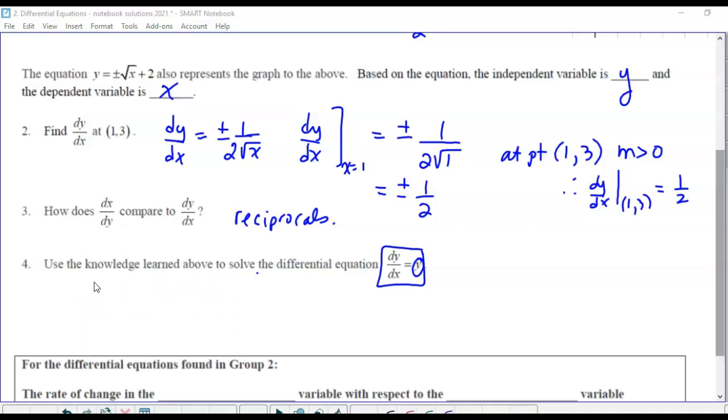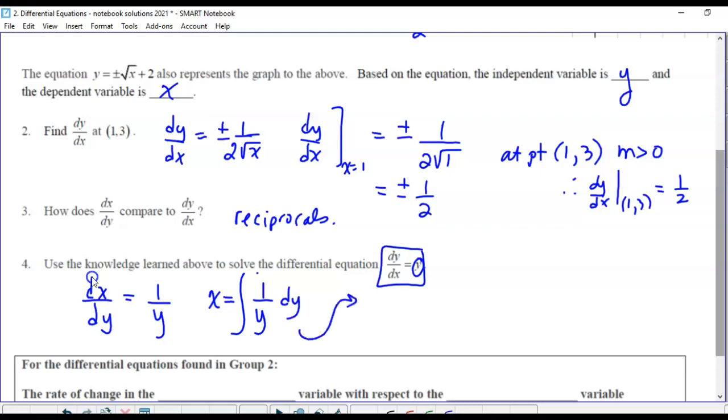Okay, so here we will take the reciprocal of the whole equation. So then x will be the integral of 1 over y dy. So x equals ln absolute value of y plus c.